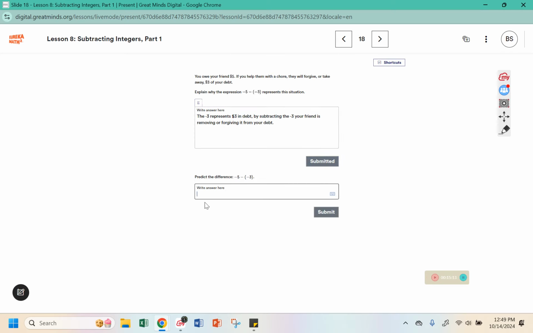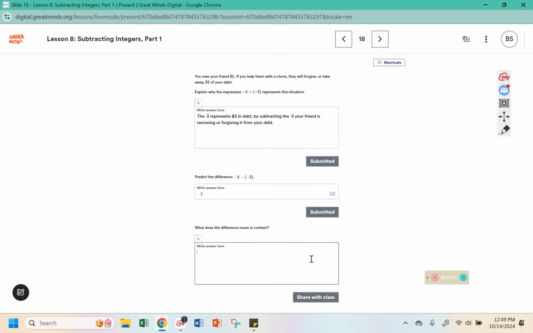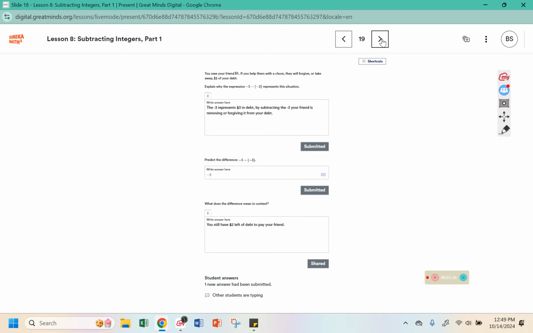We just said predict the difference. That would be you still have $2 in debt. What does the difference mean in the context? You still have $2 left of debt that you need to pay your friend.